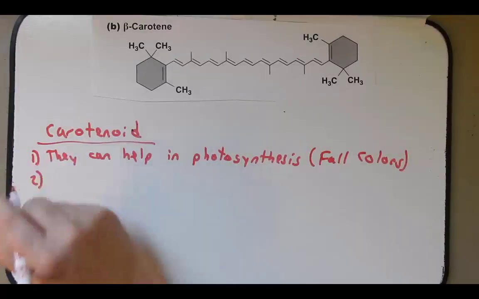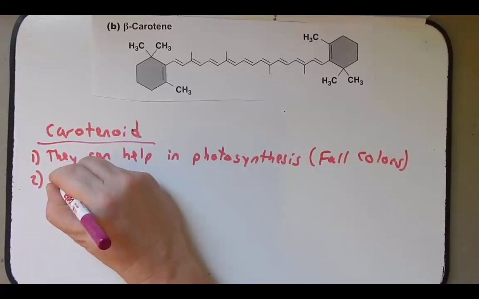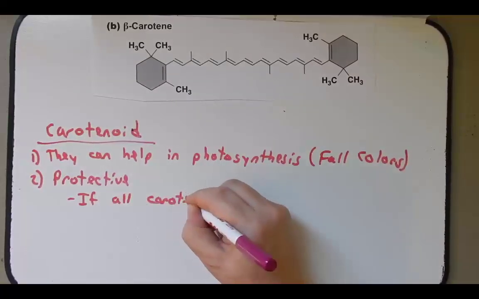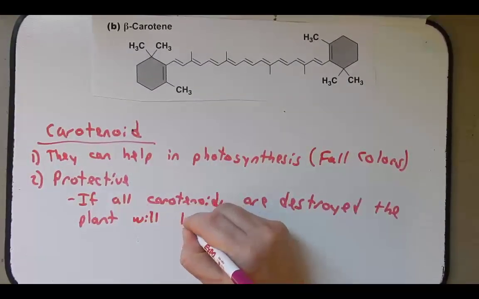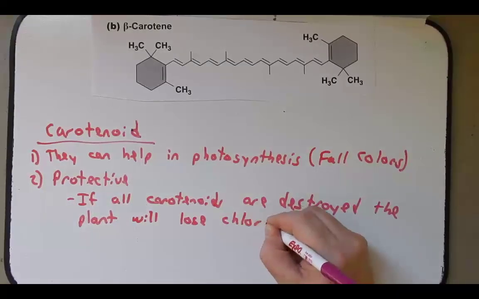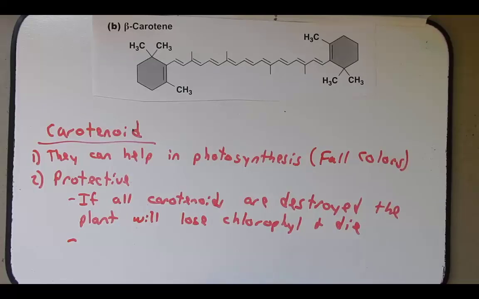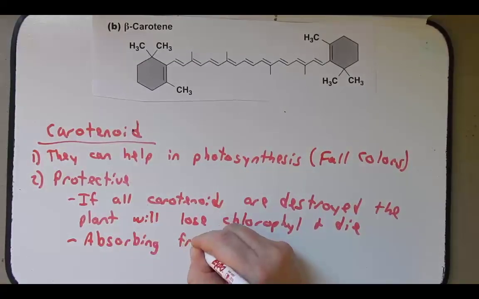But probably the most important function is that they are protective. If all carotenoids are destroyed, the plant will lose chlorophyll and die. And the way they are protecting it, as best as we can determine, is by absorbing free radicals.